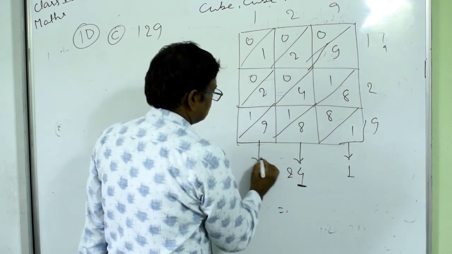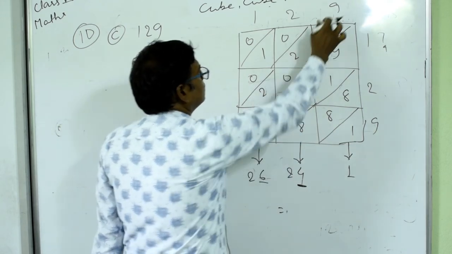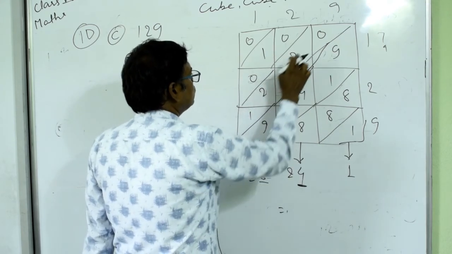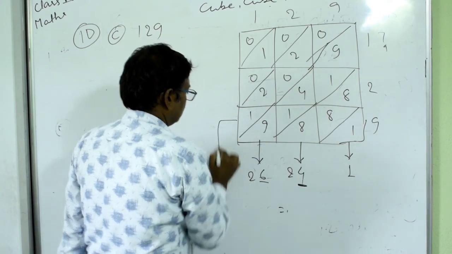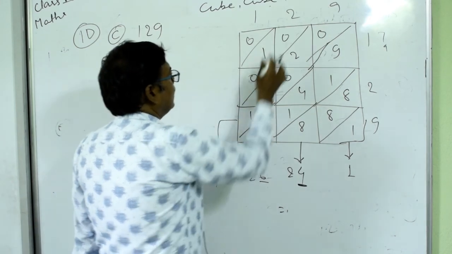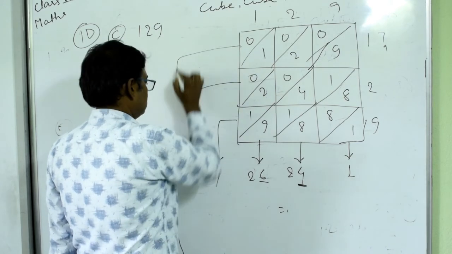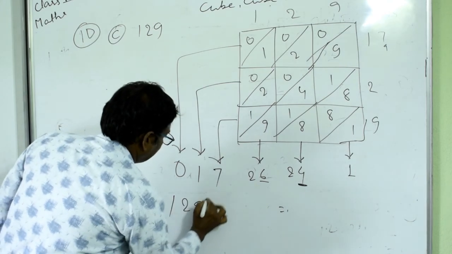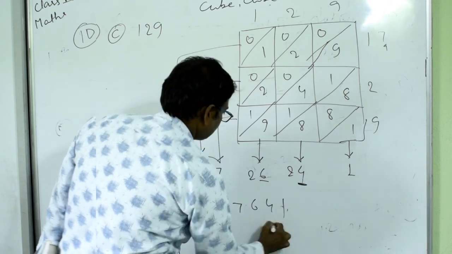So write here 26. Now again carry this 2 to this row, that is 2 plus 2 plus 2, that is 2 plus 2 is 4, 4 plus 1 is 5, and 5 plus 2 is 7 here. So write here 7, and then add this here, you will get 1, and here it is 0. So the square of 129 will be equal to 176411.